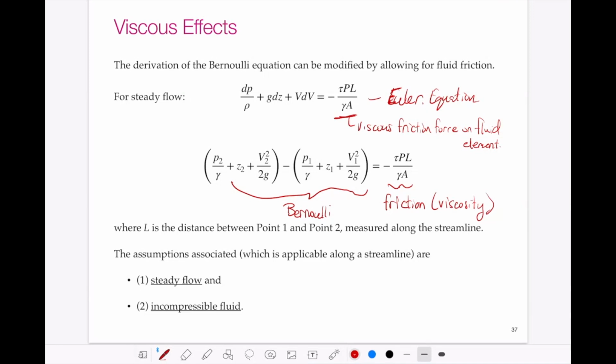So here, the value of tau PL over gamma times A. P is the perimeter of the pipe.